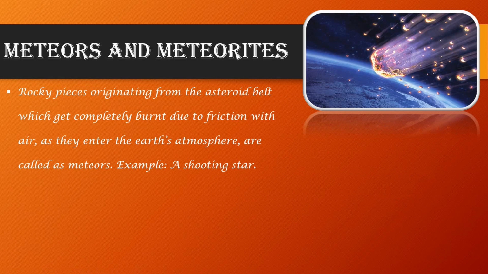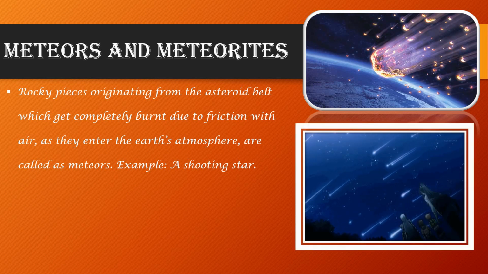So now let's understand about meteors and meteorites. The rocky pieces originating from the asteroid belt, which get completely burned due to friction with air as they enter the Earth's atmosphere, are called meteors. Example, a shooting star.